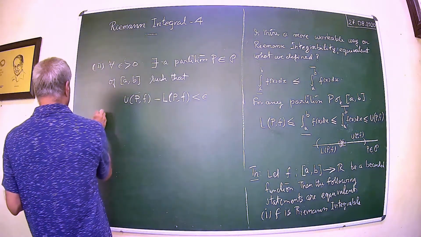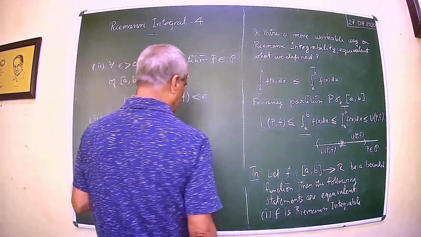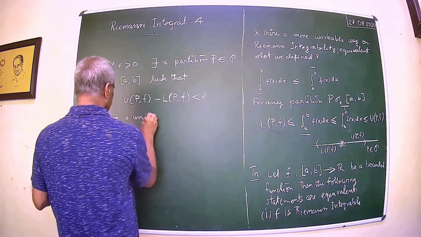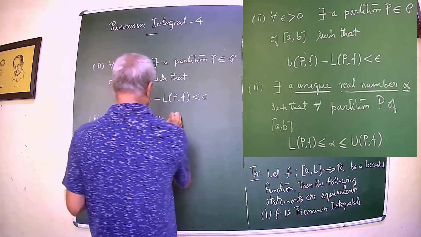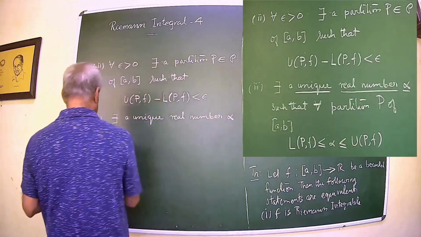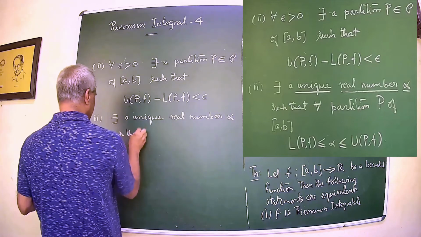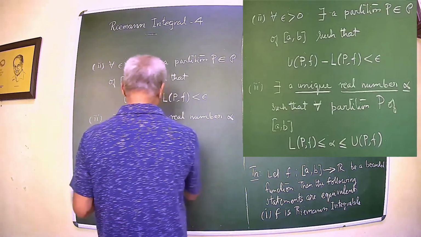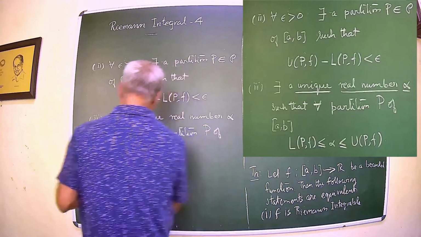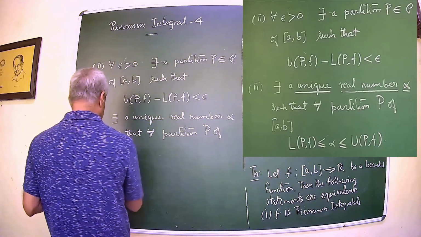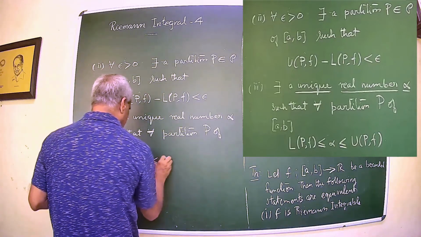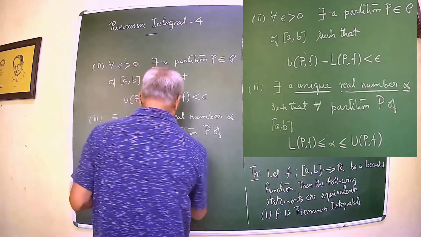Now a third equivalent form is this. There exists a unique real number alpha such that for every partition P of [a,b], L(P,f) is less than or equal to alpha, less than or equal to U(P,f).